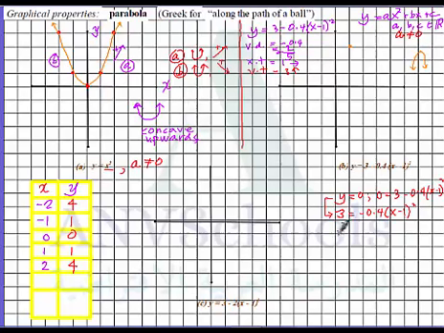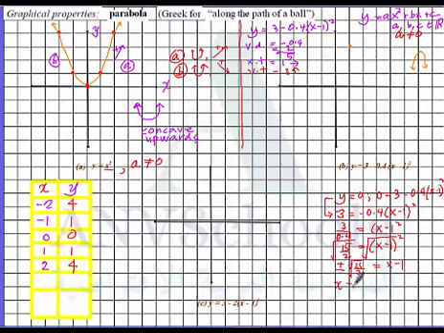So we have 3 over 0.4 is equal to (x minus 1) squared. So that would give us 15 over 2 is equal to (x minus 1) squared. And then we square root both sides. That will give us positive or negative square root of 15 over 2 is equal to x minus 1.